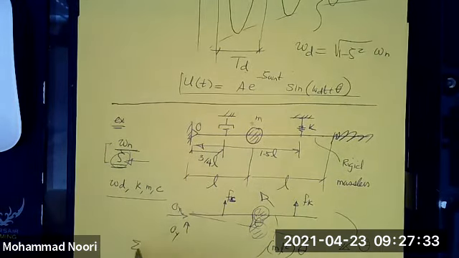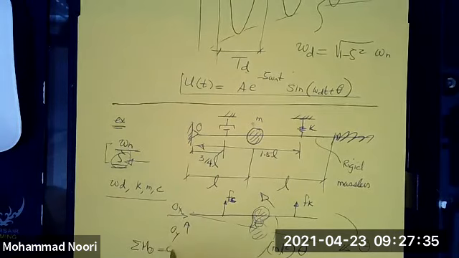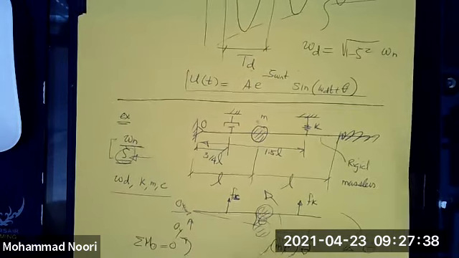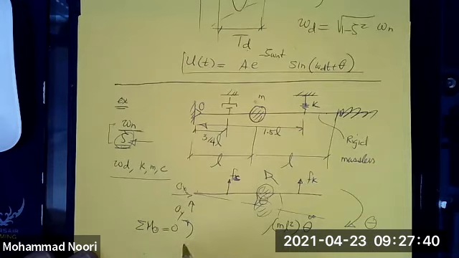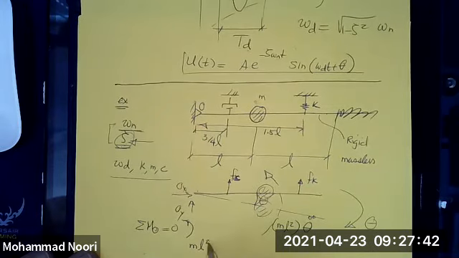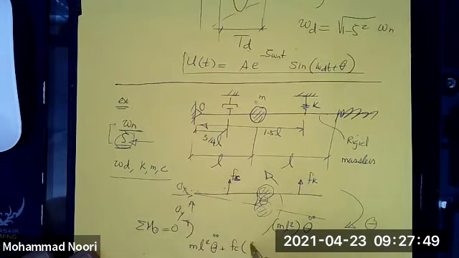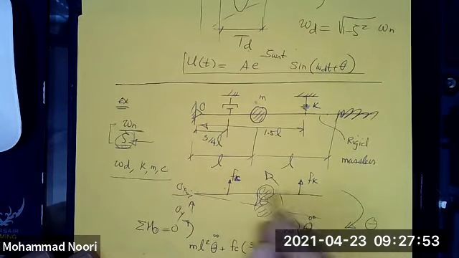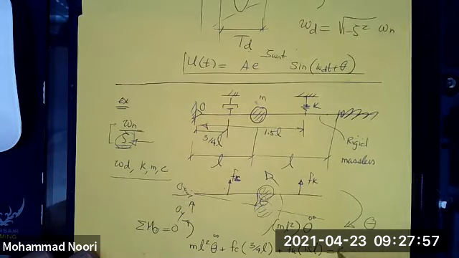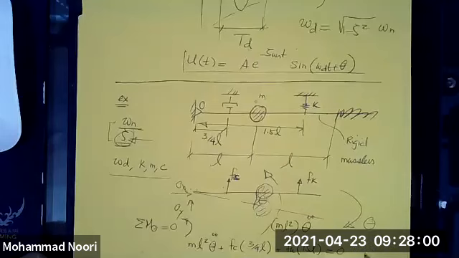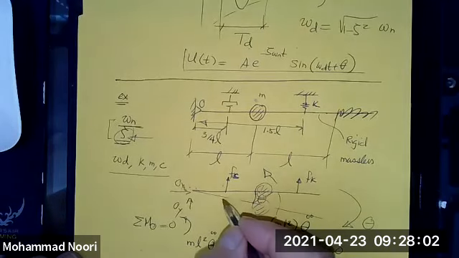So I will take summation of moments about O equal to 0 this way. So I will get m L squared theta double dot plus F sub c times this distance, which is 3/4 of L, plus F sub k times this moment arm, 1.5 L, equal to 0. But what is F sub c?